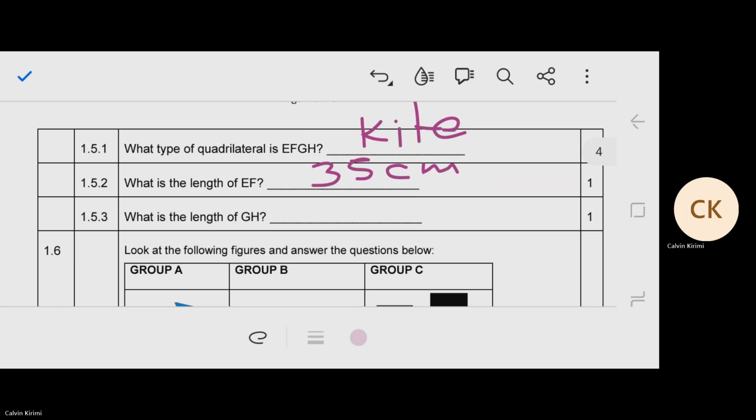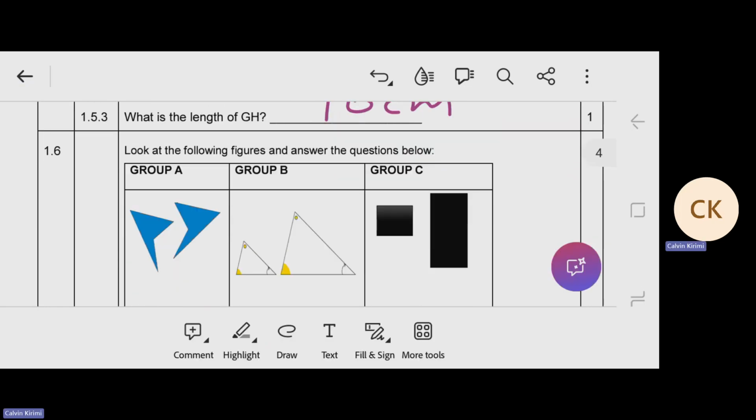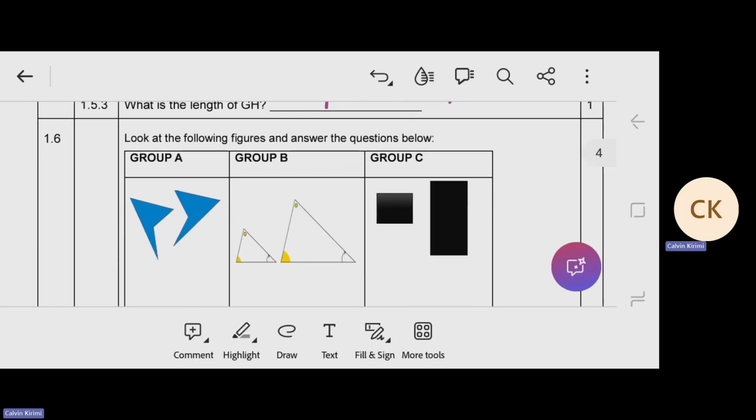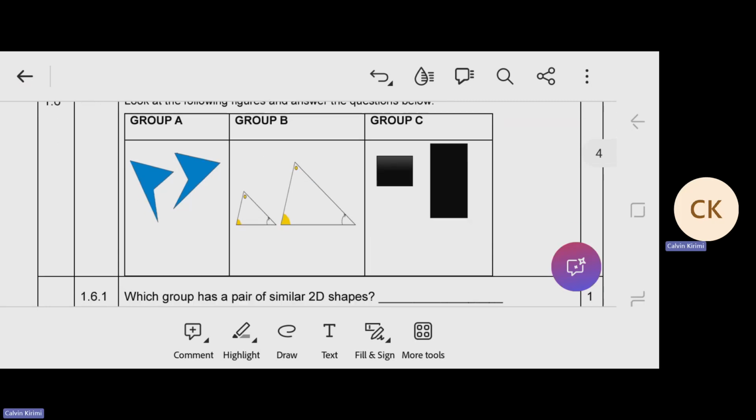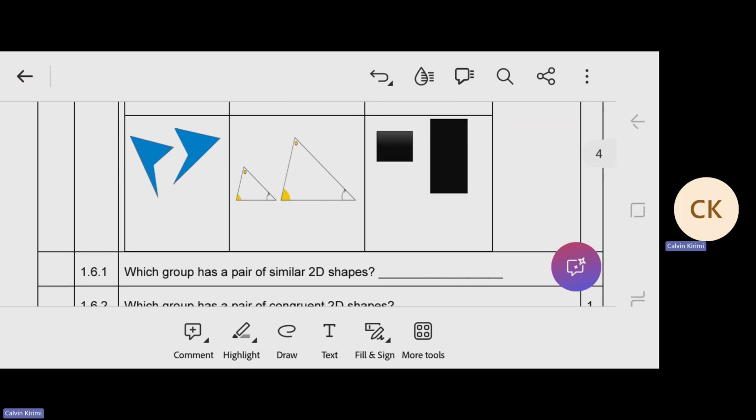Okay. Look at the following figures and answer the questions below. Which group has a pair of similar 2D shapes?